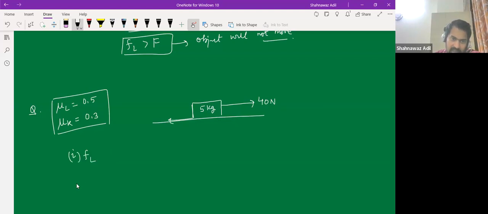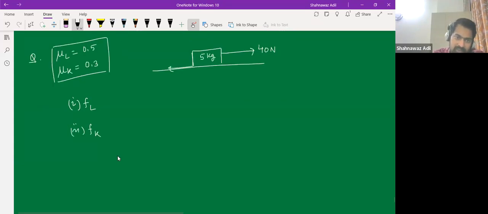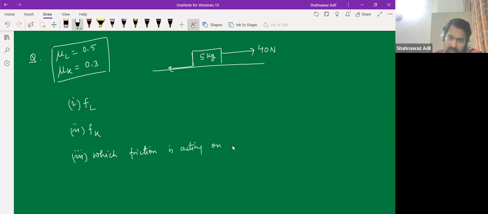Second, you have to calculate the kinetic friction. And the third is which friction is acting on the object. Please calculate and tell all these parts.